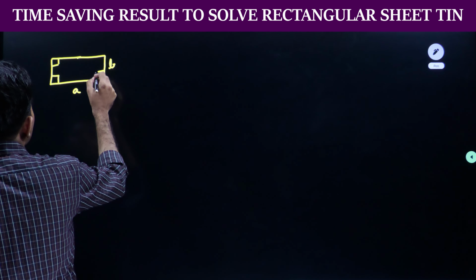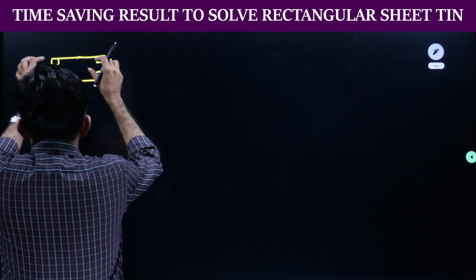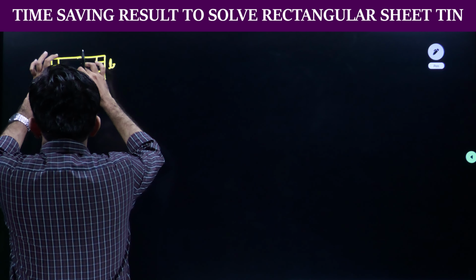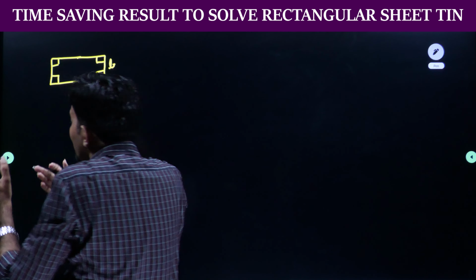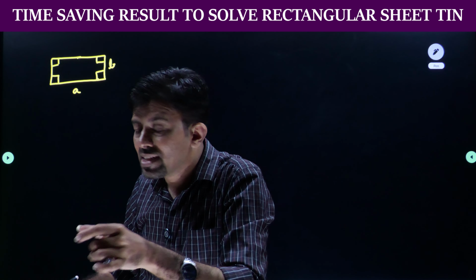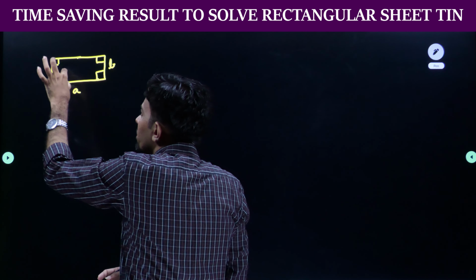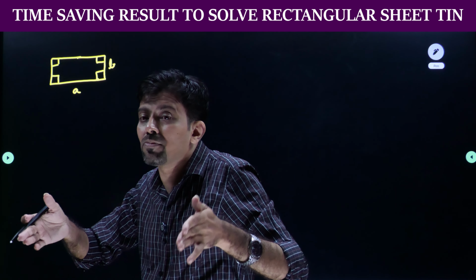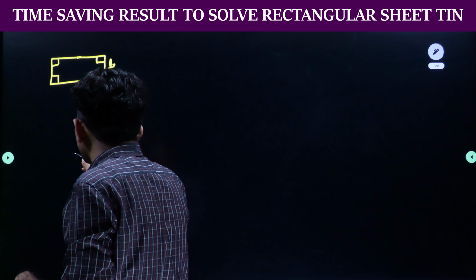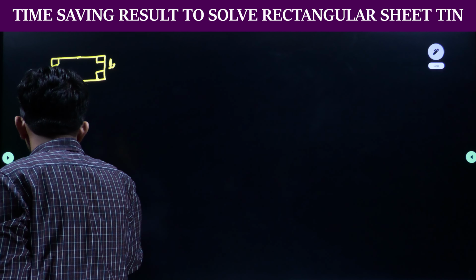And then we fold up the flaps. This part is folded up so that it forms the height of the box. The box looks like this.